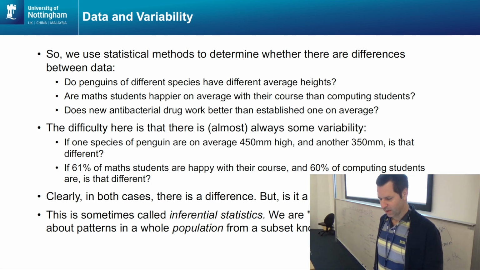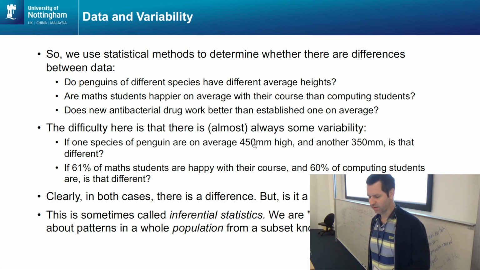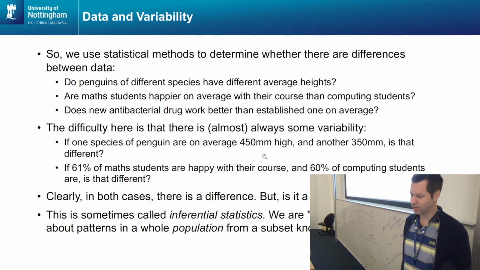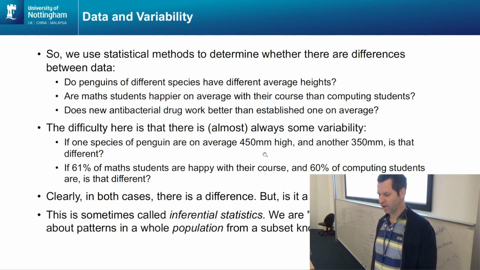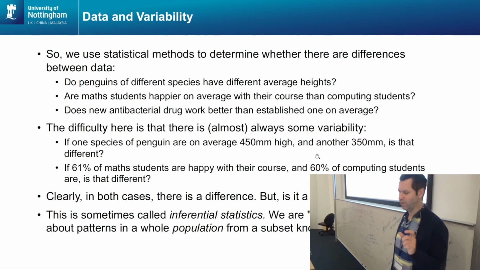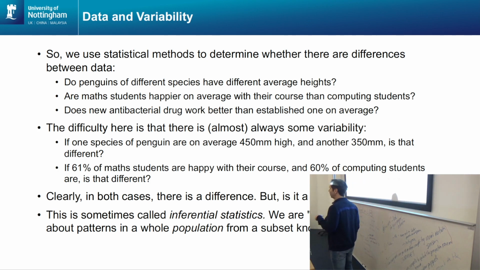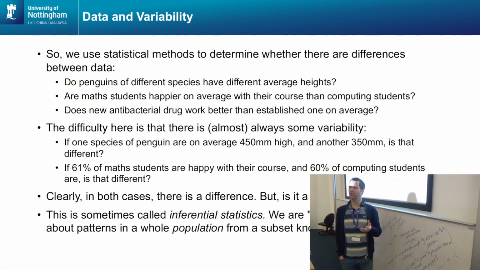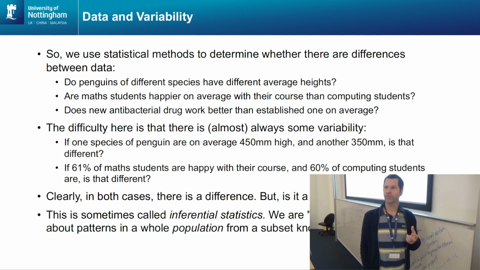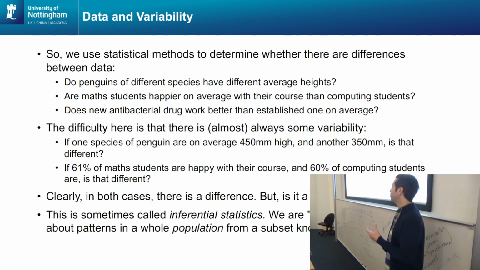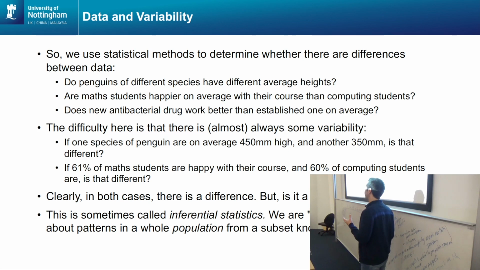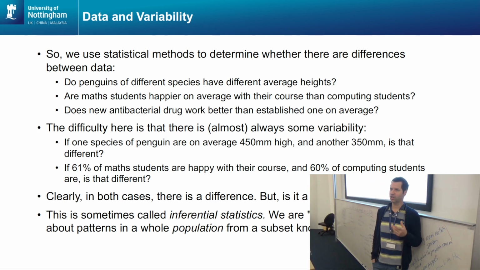So if I draw the conclusion, for example, I measured a bunch of penguins and I got a height of 450 millimeters, and a different one that was 350 millimeters from previous experiments, can I draw any conclusions based on those measurements, and can I try to quantify the probability that my conclusions are correct or accurate?